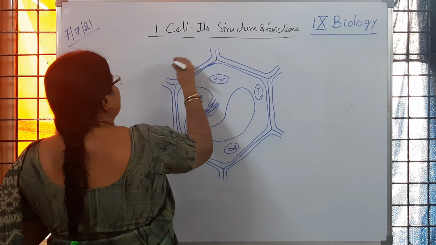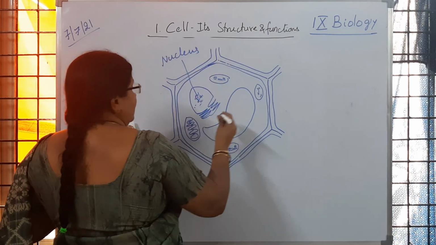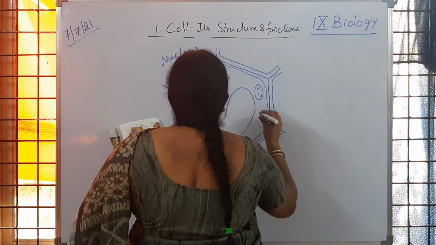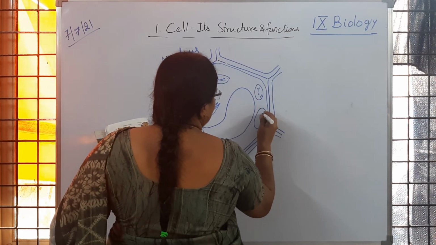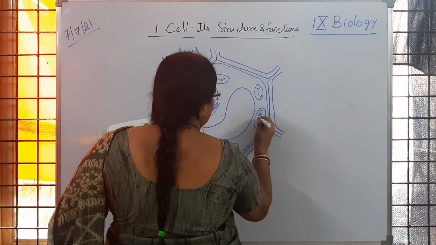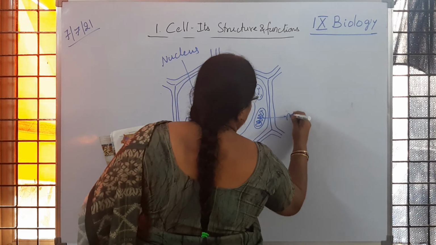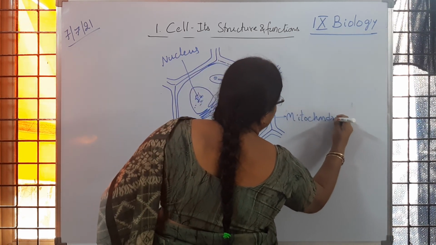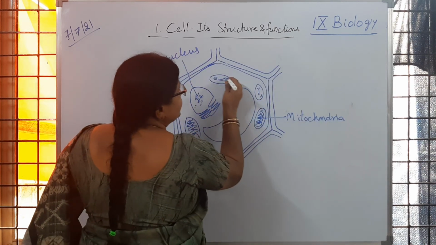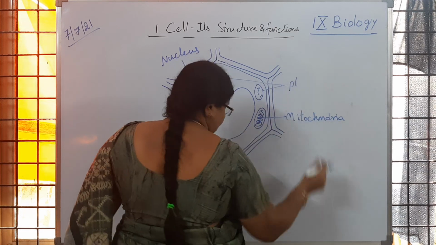So this is the nucleus, then this is mitochondria, and these structures are plastids. I will write chloroplast.